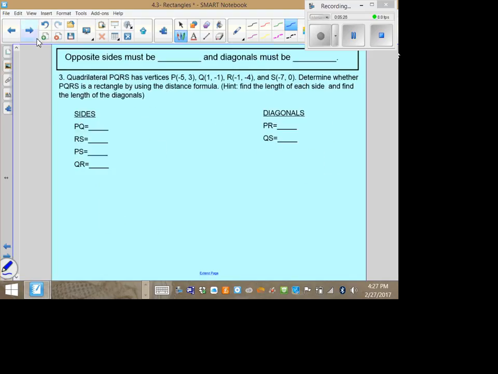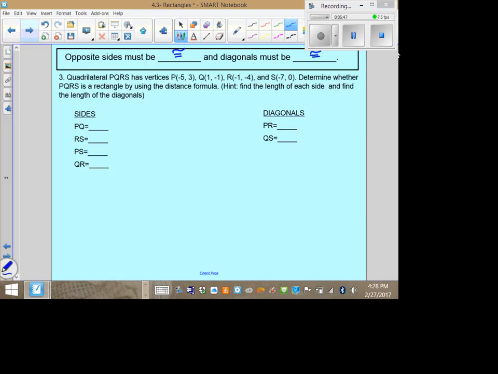So then note that opposite sides must be congruent and diagonals must be congruent. And so we're going to look again at solving using slopes and distances.